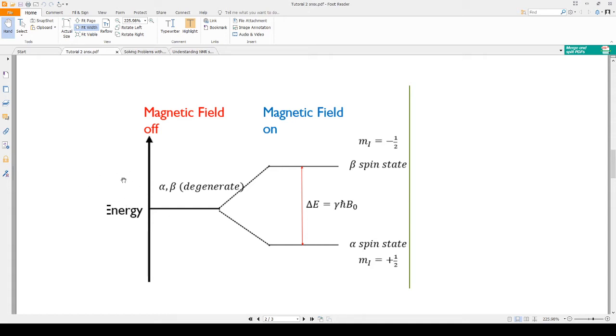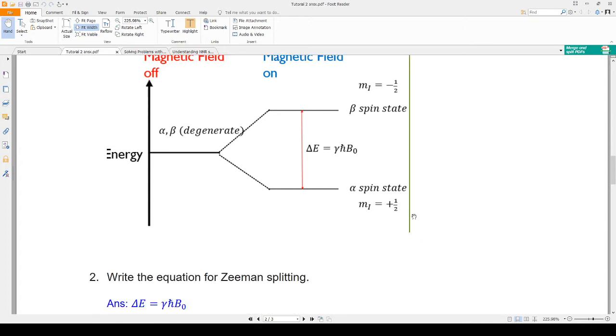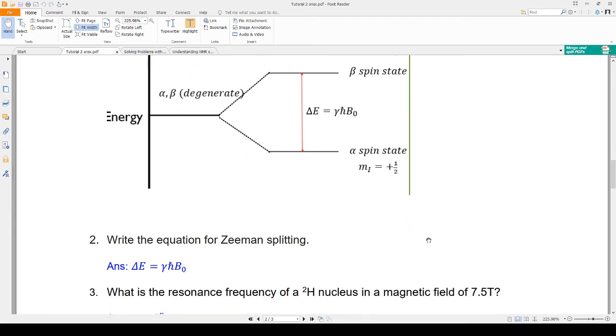You have to put that this is the energy, and this is the magnetic field, when there's no magnetic field and when the magnetic field is on. Label the spin down and spin up, or the alpha and the beta, and their values, and of course the Zeeman splitting, and put the equation there. As soon as you put this, everything is complete and you get the marks. And of course write the equation for Zeeman splitting.